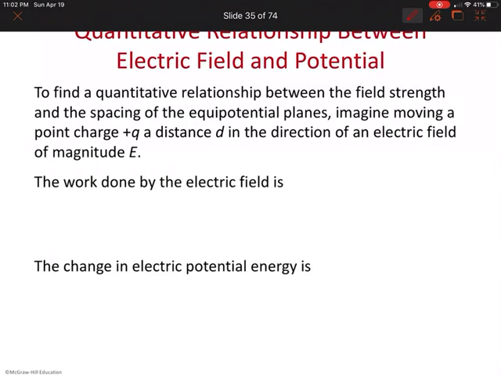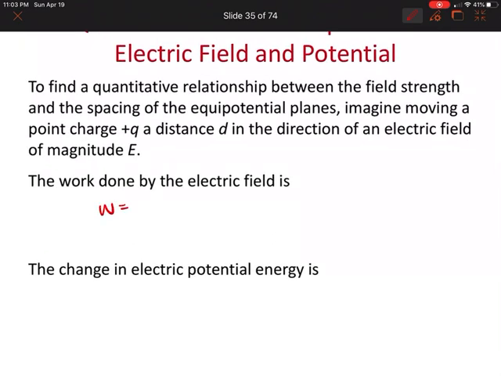All right. So I think I have some stuff for you to write now. In order to find quantitative relationships between the field and the equipotential, we have some equations here. All right, so work is equal to force times distance. And I put an E because, obviously we're in electricity, so the electric force times distance. And electric force can also be Q times electric field, because we're trying to see the relationship between potential and electric field.